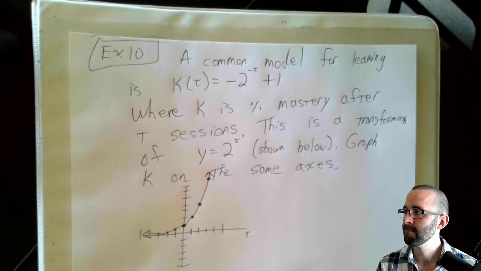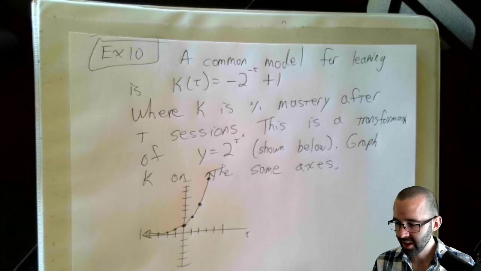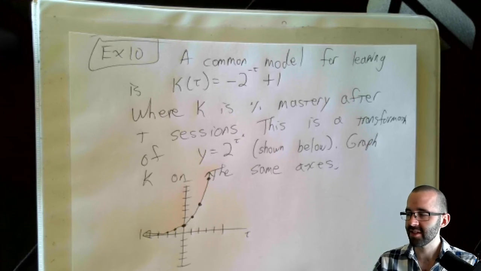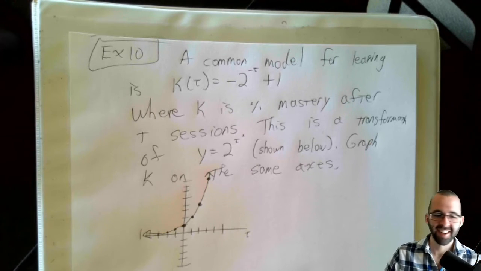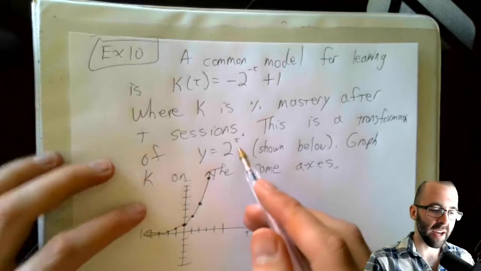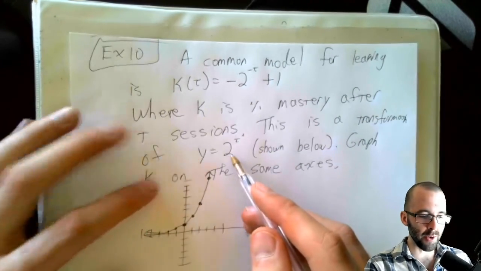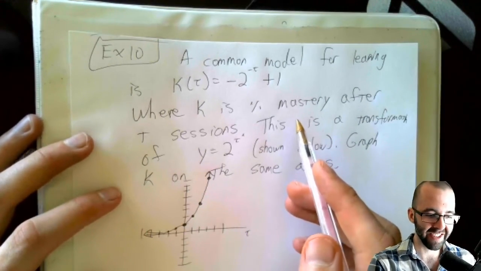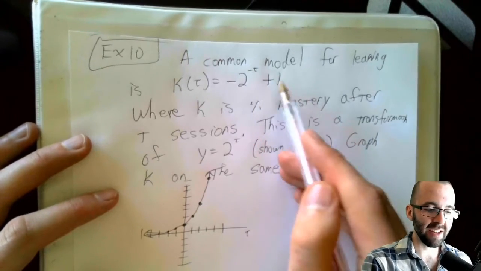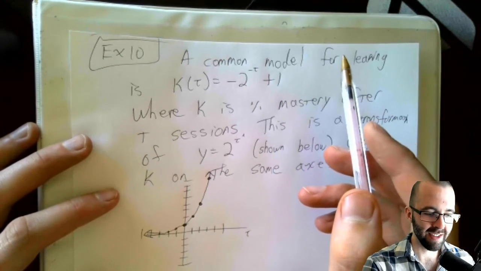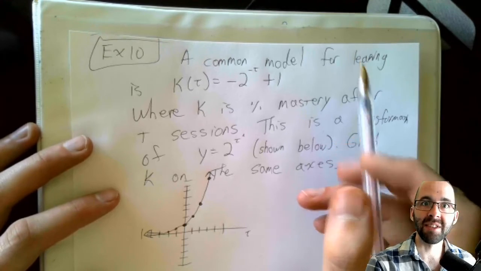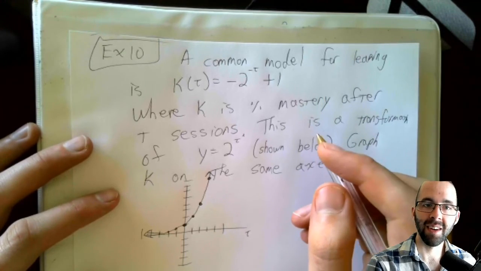All right? So, let's do some transformations. What transformations do we have? Oh, we got a lot of transformations. We got 2 negatives. We got a +1. We got loads to do. All right.